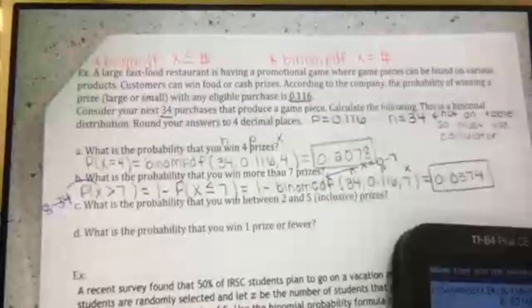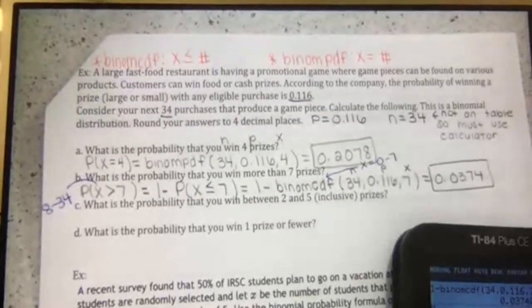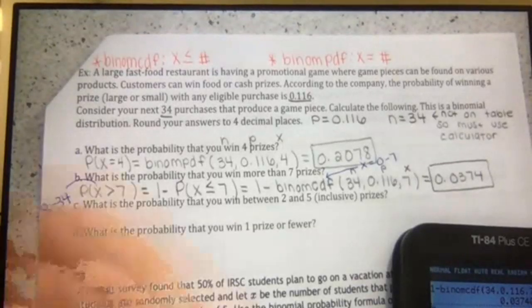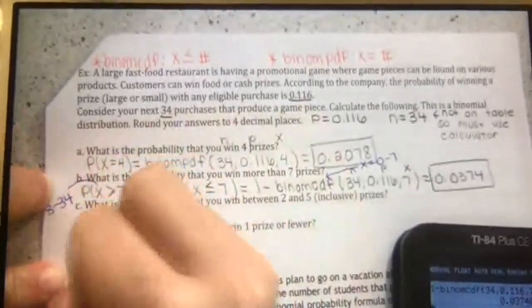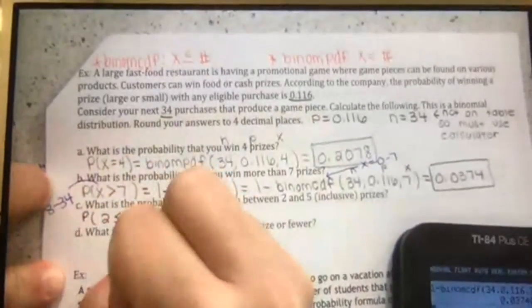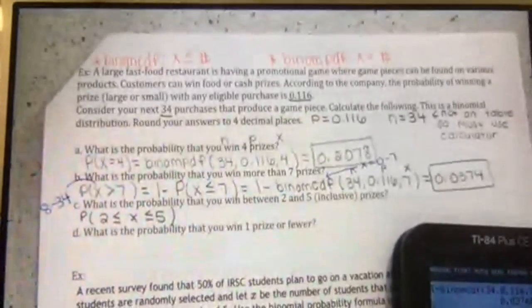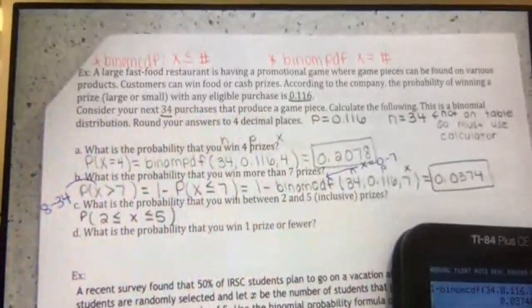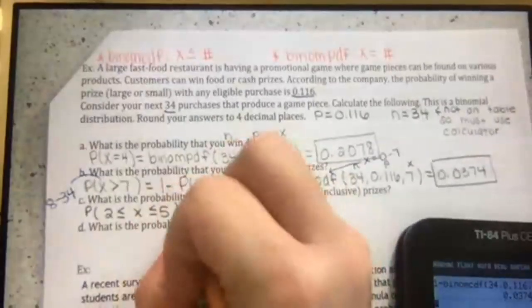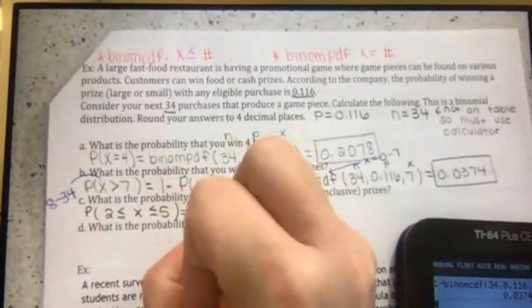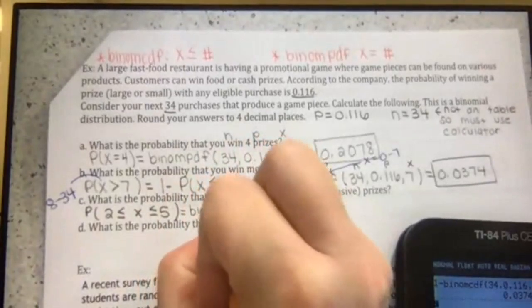All right, so the next one says, what is the probability that you win between 2 and 5 inclusive prizes? So including 2, including 5. The probability that x is between 2 and 5, including 2 and including 5. So that means the probability that 2 is less than or equal to x is less than or equal to 5. So here, we could just go old school.